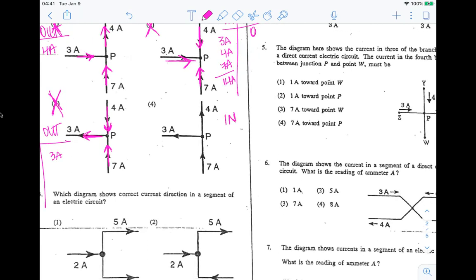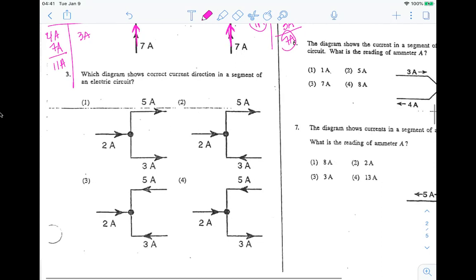If we did, then choice 4 must be the answer, since that's the only one left. If we look here, we have 4 amperes going out and 3 amperes going out. So that means we have 4 amperes plus 3 amperes to give us a total of 7 amperes going out. We must have 7 amperes going in, and we do, such that 7 and 7 are equal. Choice 4 should be our answer.